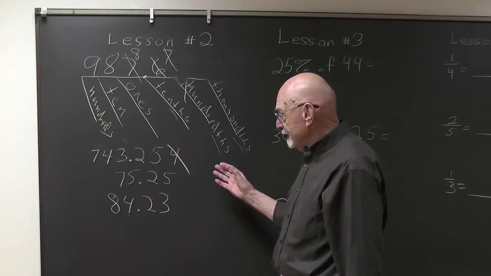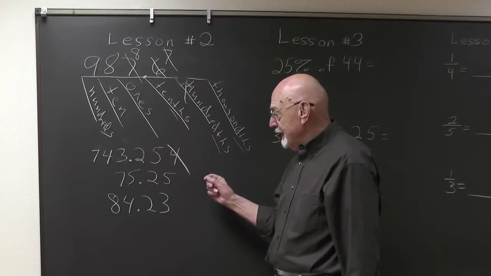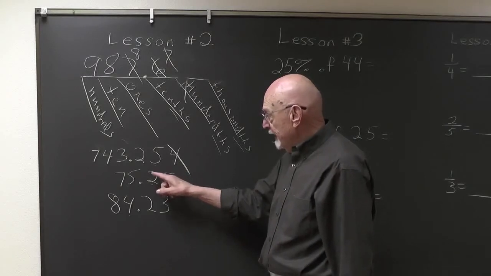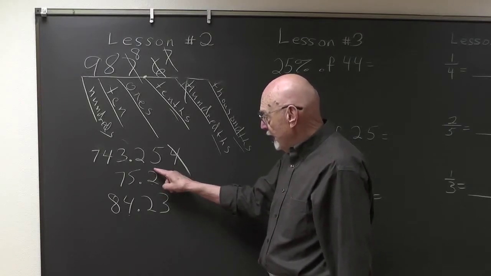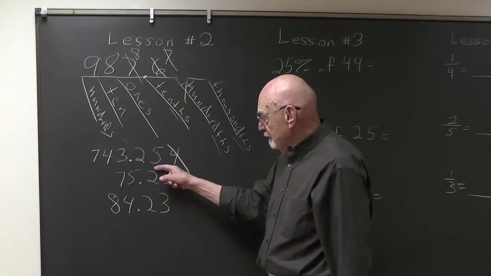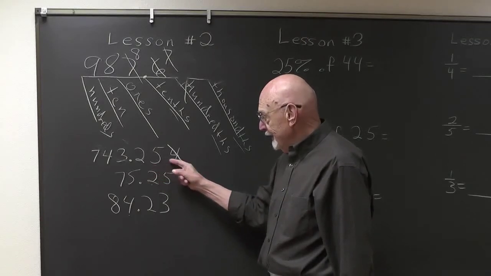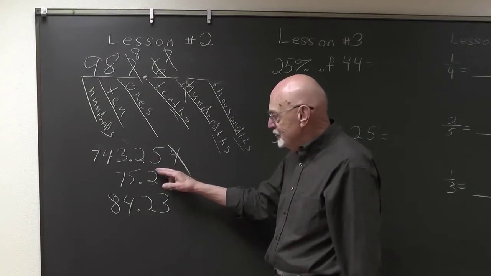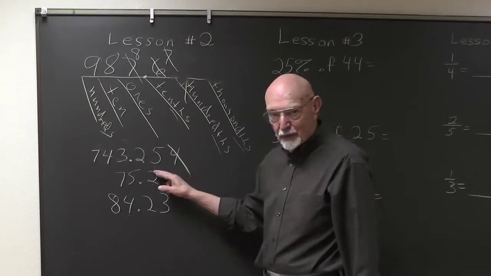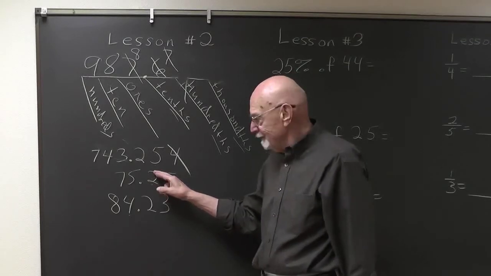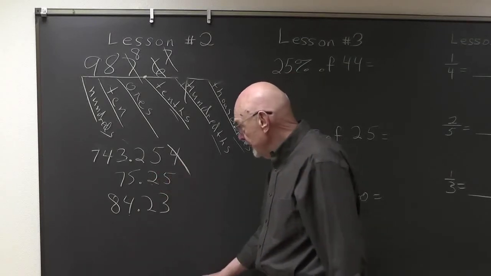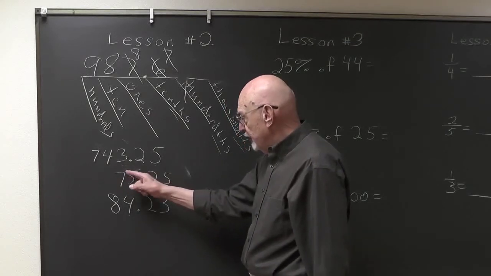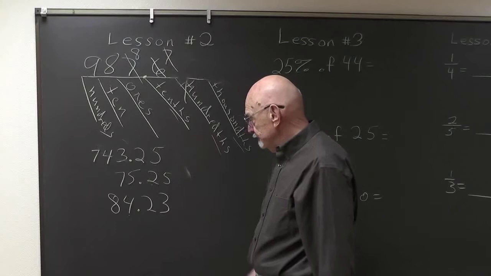And after that, if they're still getting it wrong, they're probably not understanding that now maybe they know they want to round off to this place, but for some reason they're going to change this one instead of this one. So you only change the one to which you are told to round off. So in this case, we just drop that one, and that answer would be 743 and 25 hundredths.